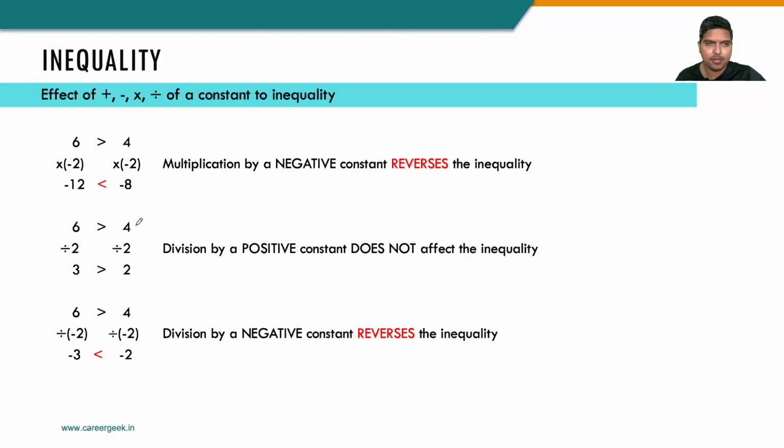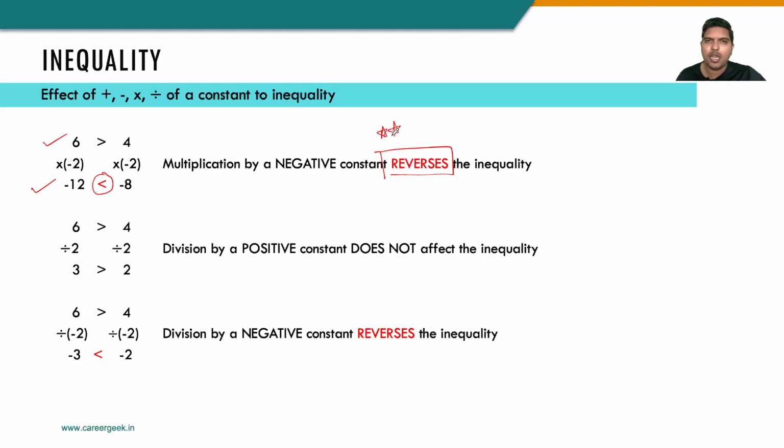Now let's see if I multiply by a negative. This is true, 6 greater than 4. If I multiply by a negative value, it becomes negative 12 and negative 8. Here we know that negative 12 is less than negative 8. So what happens here is the inequality reverses. This is important.